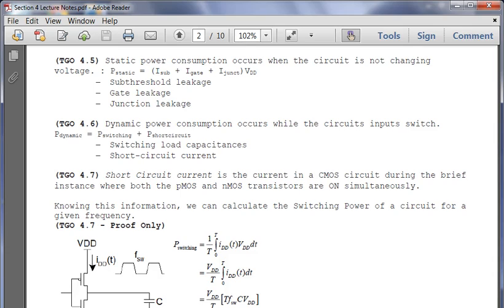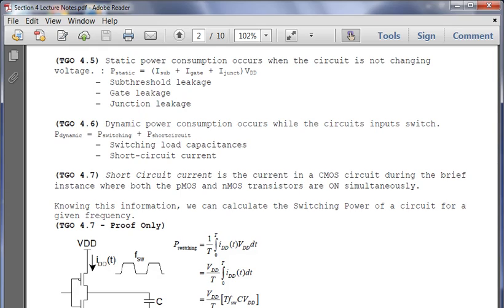And so therefore, we also know VDD squared, right? So we're able to get this C VDD from I of T times the switching frequency, times T. And T are going to cancel out, so you have the load capacitance times VDD squared times the switching frequency.